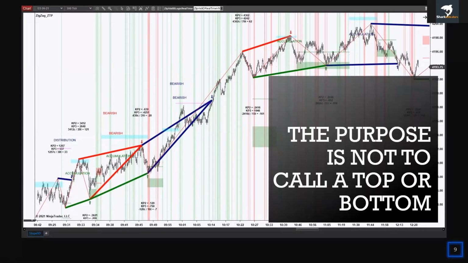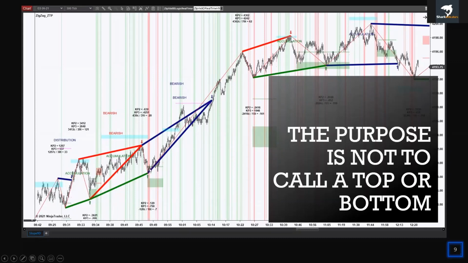That is really important to understand with these divergence signals: you're getting them in real time. Where you see the arrow in this trade right here, that's when we got the signal.